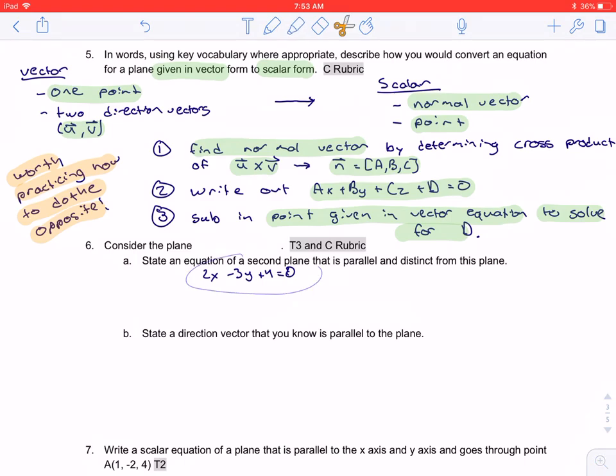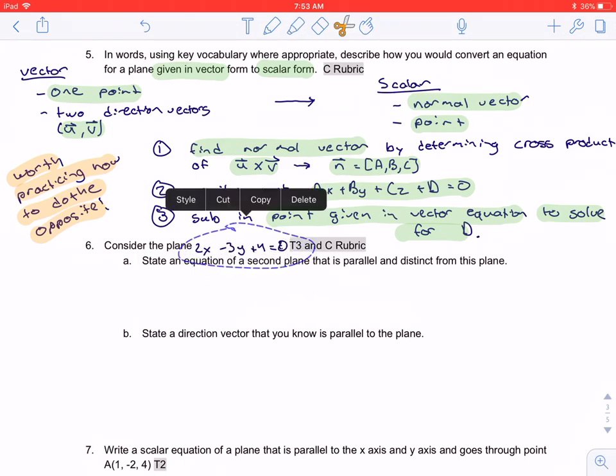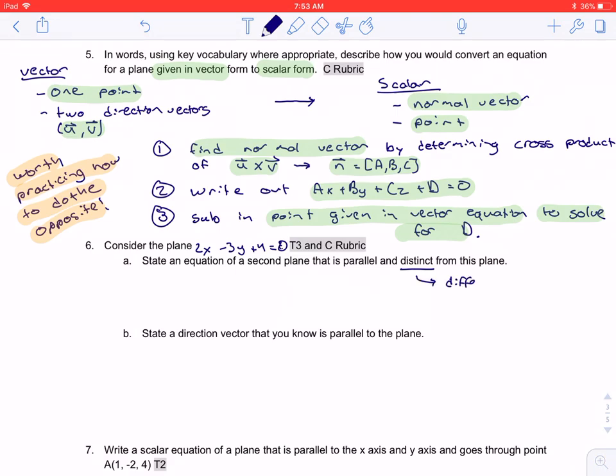Okay, for whatever reason, this equation didn't come through in the conversion to PDF, so I've just written it in here. It says consider the plane 2x minus 3y plus 4 equals 0, and it's asking us to state an equation of a second plane that is parallel and distinct. Distinct just means different, not the same plane.